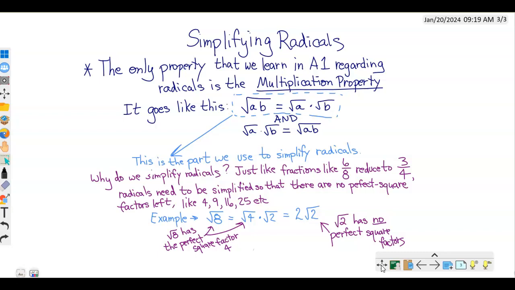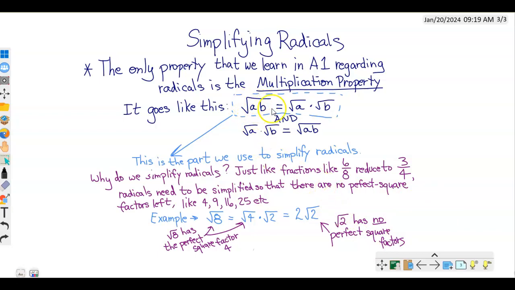We only learn one of them in Algebra 1. We learn one so that we can simplify quadratic solutions. The property that we learn is called the multiplication property of square roots. And it goes like this.